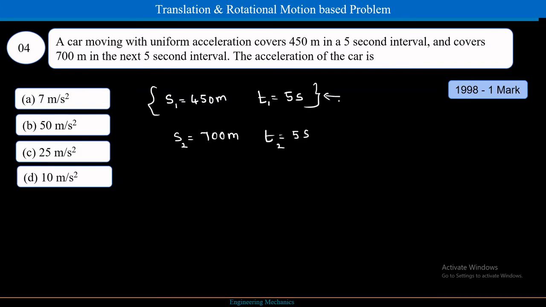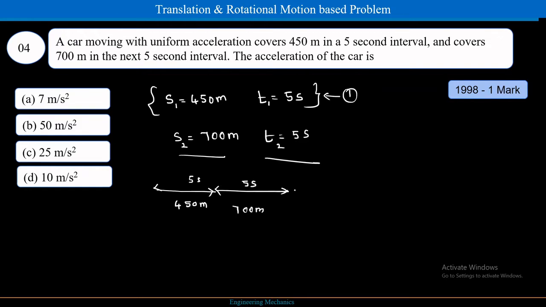Okay, this is my first half, the car has done something, this is my first equation, but this is not my second equation. The point to note is, first 450 meters is covered in 5 seconds, in the next 5 seconds 700 meters is covered.